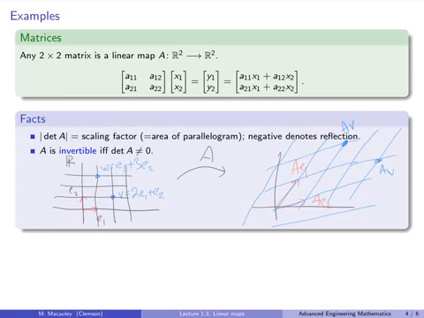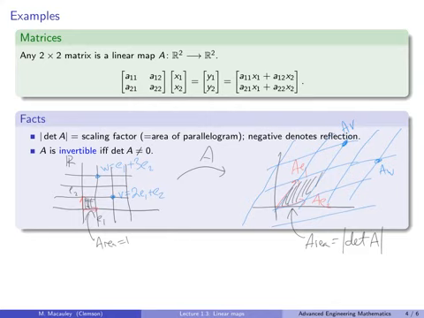So the area of the unit square over here is clearly equal to 1. So area equals 1. And the area of this parallelogram is the determinant of the matrix A. So that's what I mean by the determinant is the scaling factor. So this grid gets blown up by whatever this area is.